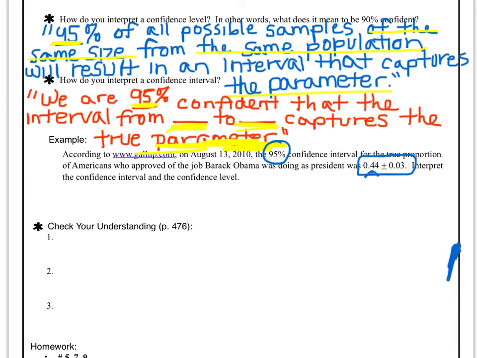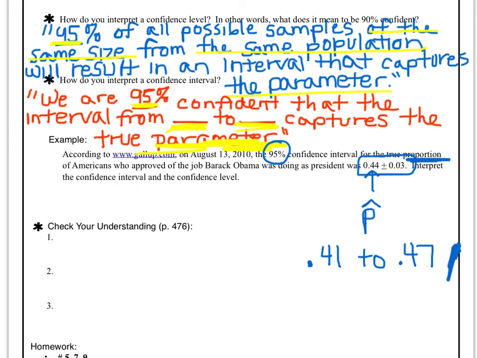This I know is my p-hat. That's my estimate because I'm talking about proportions here. Always check and make sure you're talking about proportions or means or something else. So since this is my margin of error, to find my interval, I just need to add and subtract it. So my interval would be 0.41 to 0.47.